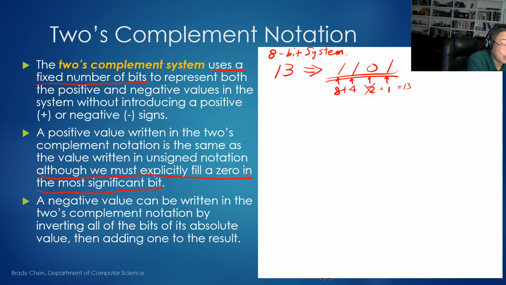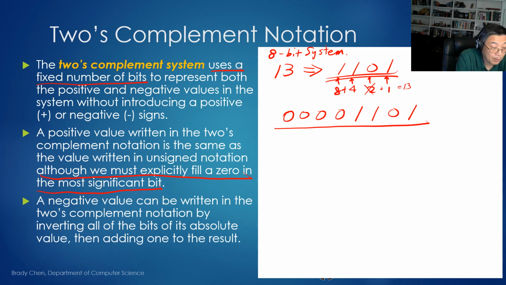1101. However, in order to store that number in the 8-bit system using two's complement, we have to fill the most significant bits with zeros. So eventually we're going to make the whole number 8 bits. So that's the two's complement representation of 13 using 8 bits.